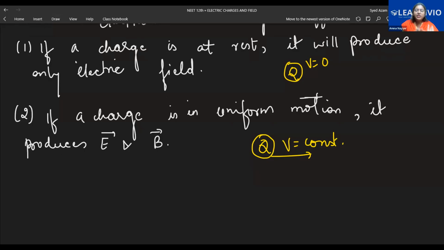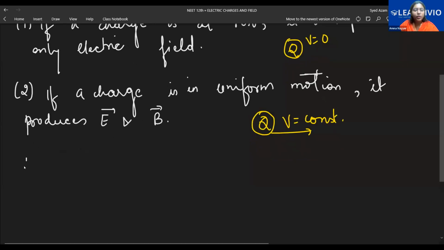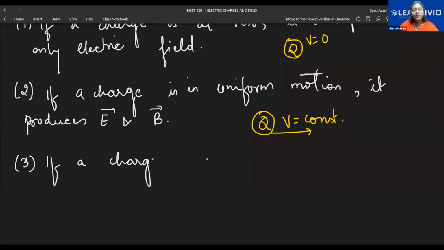So if a charge is in non-uniform motion, electric field will be there, magnetic field will also be there, like the second case, but it also radiates electromagnetic waves. This is the different property of the third point.